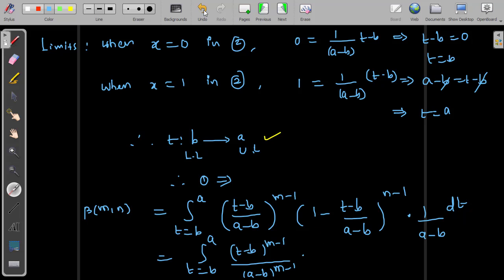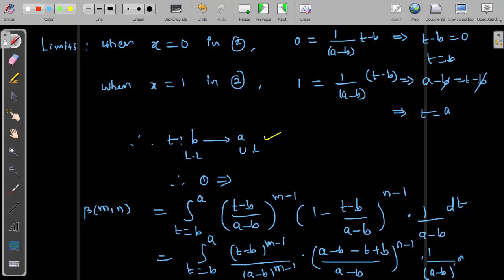So anyhow, plus b minus b cancel out. I will be writing that step also. So here a minus b. Okay, here minus t, this could be plus b. Actually this into this multiply, you will get plus. Divided by (a minus b) whole to the power of n minus 1, again times 1 by, I will be writing under bracket, a minus b. So power is 1 here, dt. Let us suppose like this. Now minus b plus b cancel out. Here leftover part, (a minus t) power n minus 1.